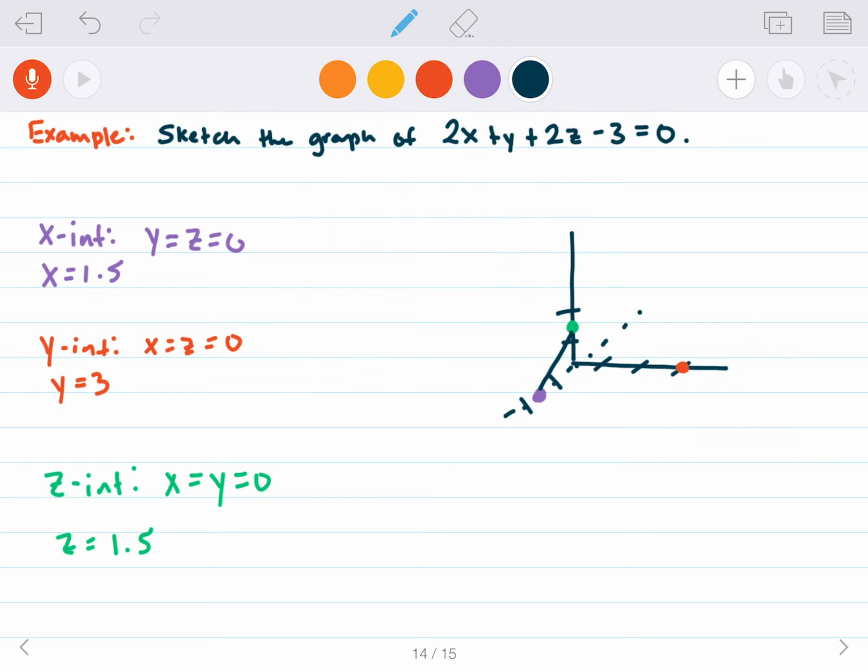We have this guy, and this guy, which makes part of our plane. We can go ahead and extend the plane outward like this. Sorry, let's make that a little bit straighter, like this.